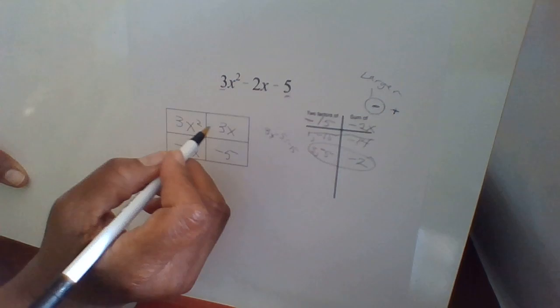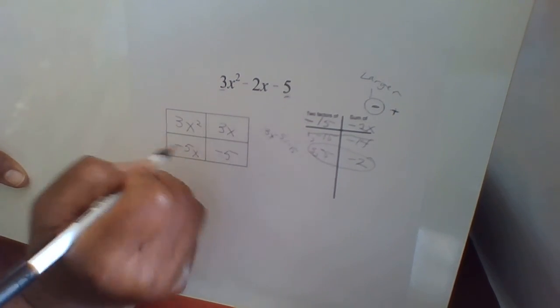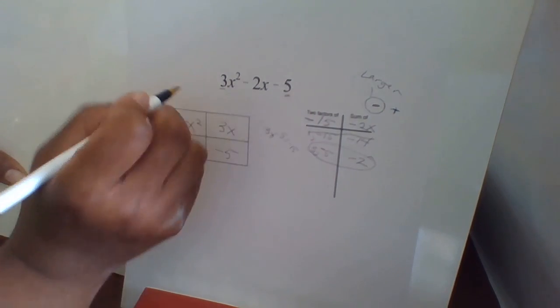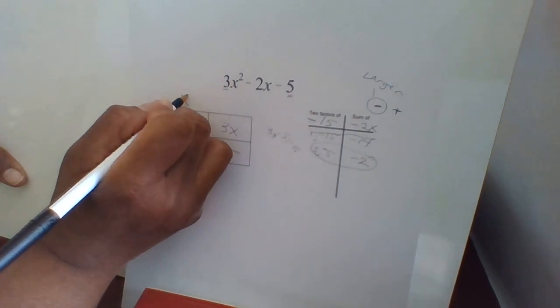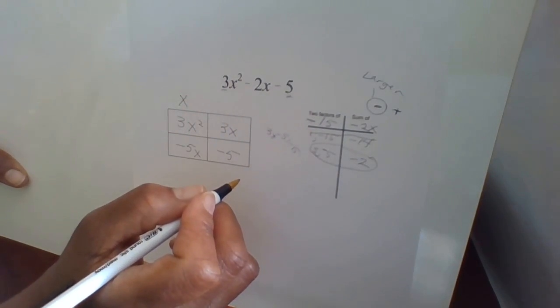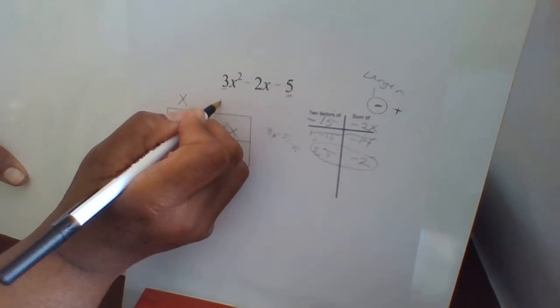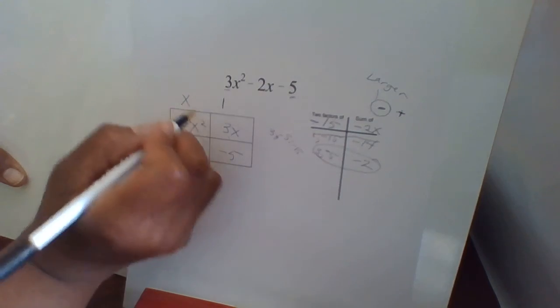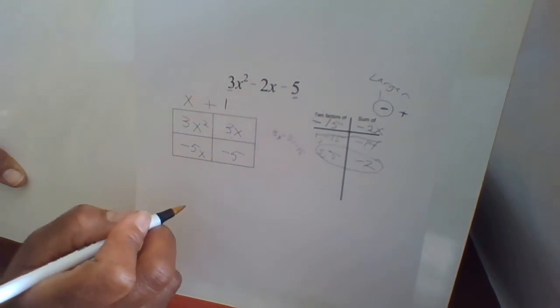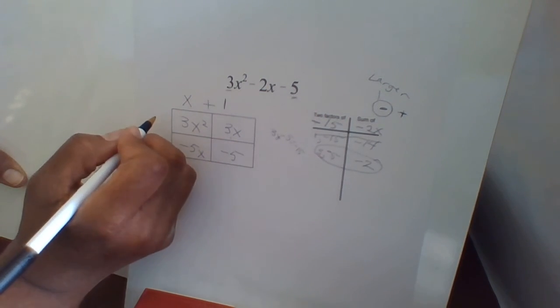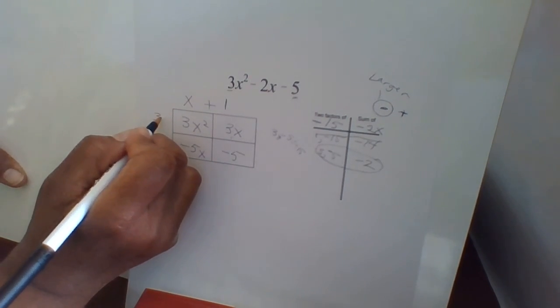Factor out the greatest common factor among the columns and the rows. 3x squared and negative 5x have x in common. Put it above the column. 3x and negative 5 only have 1 in common. Since 3x is positive, plus goes between the two terms. 3x squared and 3x both have 3 and an x in common.